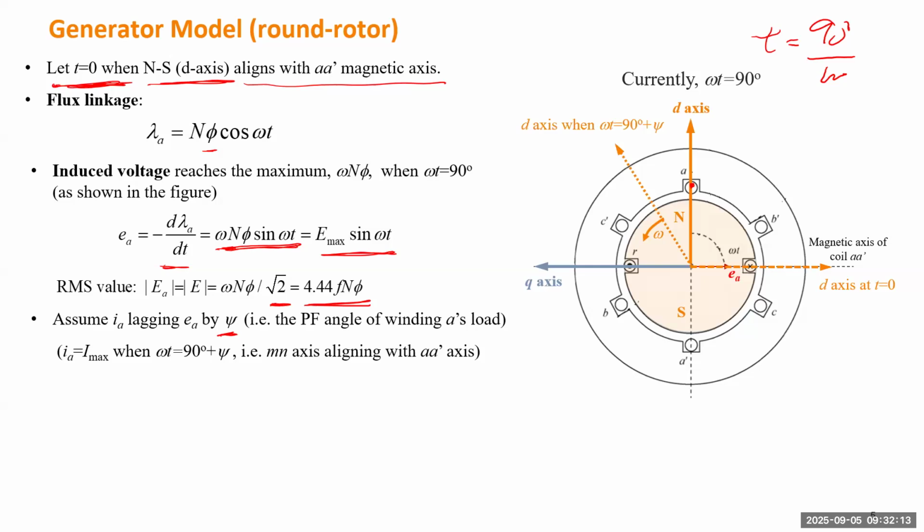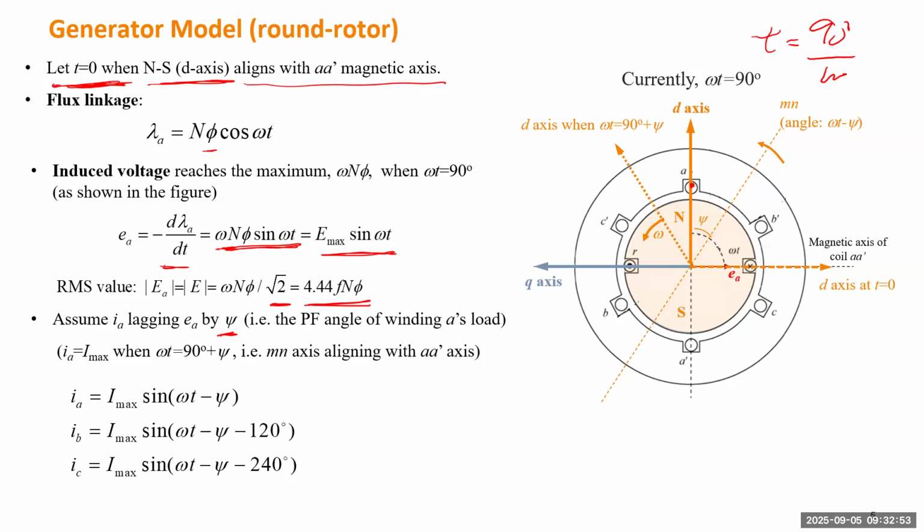So we can define one axis, which is always lagging the D axis by angle psi. That just helps us determine the peak value of the current. So this angle is psi, the power factor angle of everything else outside the generator. If this is the direction of the voltage, the current will lag the voltage by psi, orthogonal to this axis.